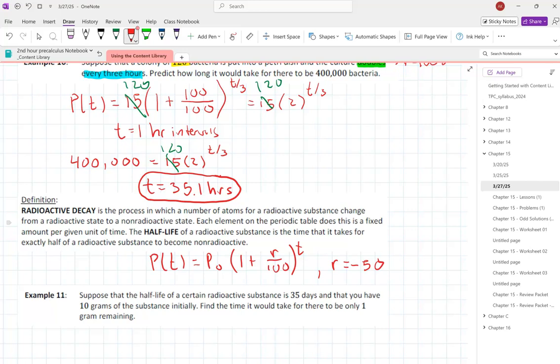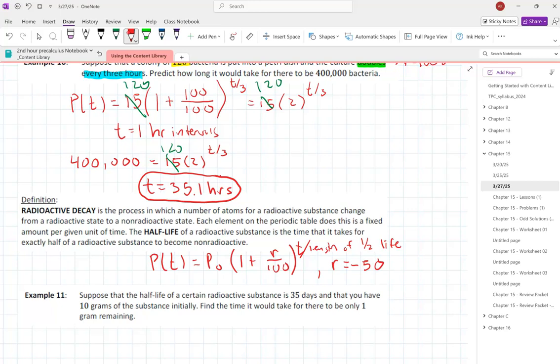And really, the T, we're always going to adjust, because we don't want T to be just the number of half-lives, right? We want it to be in hours or minutes or days or whatever the half-life is measured in. So it would always be divided by the length of that half-life, and then the unit of that length will be whatever T is.